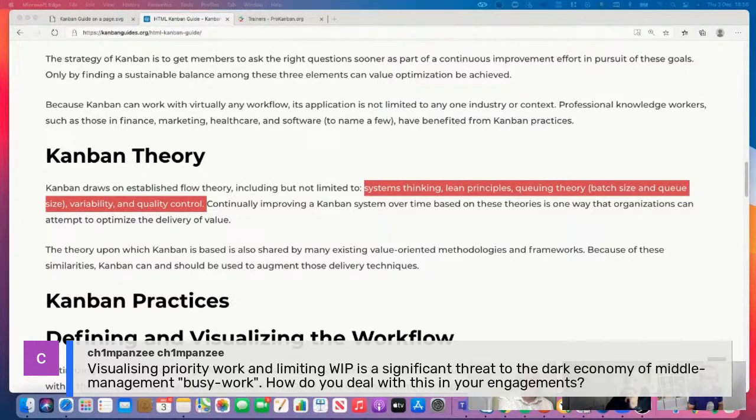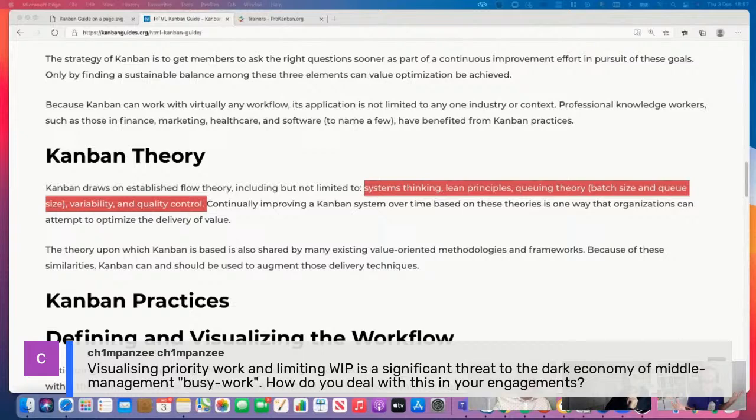He would go around and tell his people, I would rather you go home than start anything new. They were so overloaded with work that he was encouraging people. I think he was half facetious, I don't know if he was totally serious, but he was trying to ingrain in people the understanding that when you're overloaded like this, the absolute worst thing you can do is start new work.